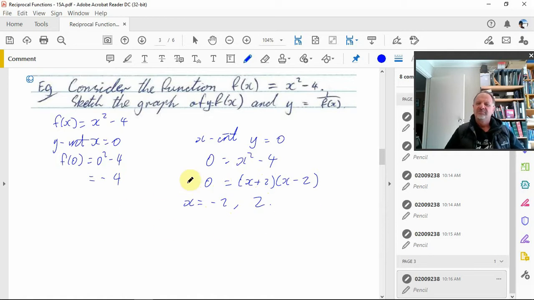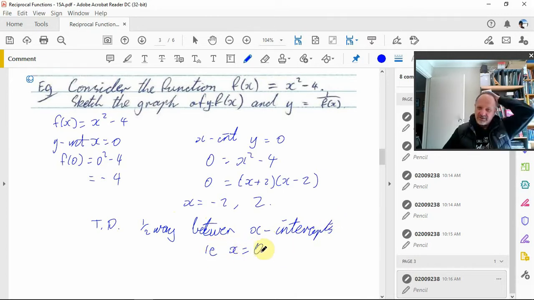And the turning point for this, well, symmetry tells us the turning point's halfway between the x-intercepts, which of course means x equals 0. And seeing we've already figured that out over here, we've got a turning point at (0, negative 4).